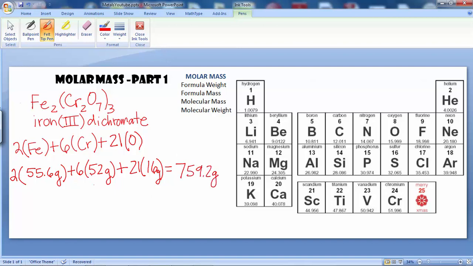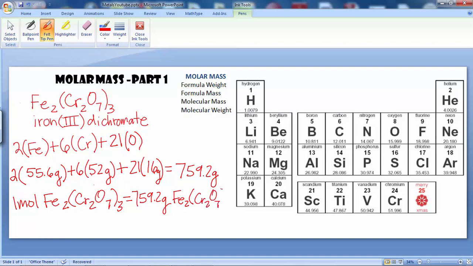759.2 grams. So we can come out here and write 1 mole of Fe2(Cr2O7)3, 1 mole of iron(III) dichromate is equal to 759.2 grams of iron(III) dichromate.